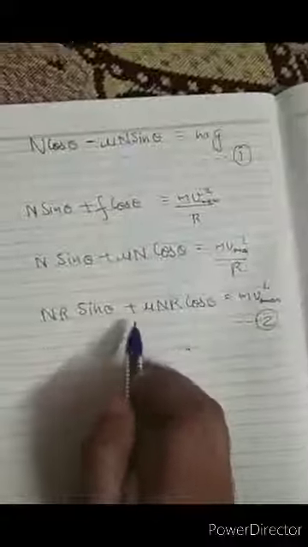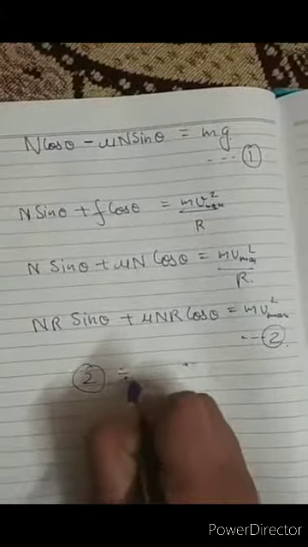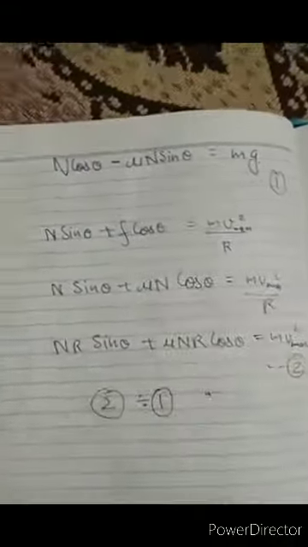Now in the options I got a plus sign above, so this is my minus sign in equation 1 and this is my plus sign in equation 2. So I think I will divide 2 by 1.